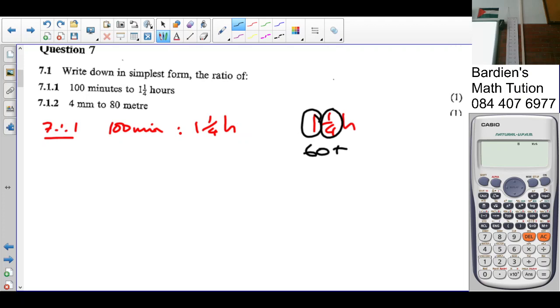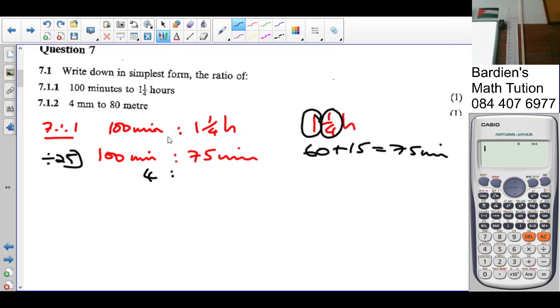A quarter of an hour is how much in minutes? 15. So that is going to give you 75 minutes. So in other words, this is 100 minutes is to 75 minutes. What's the biggest number that goes into 75 and 100 without a remainder? 25. Well done. 100 divided by 25 is 4. 75 divided by 25 is 3. So it's 4 is to 3.